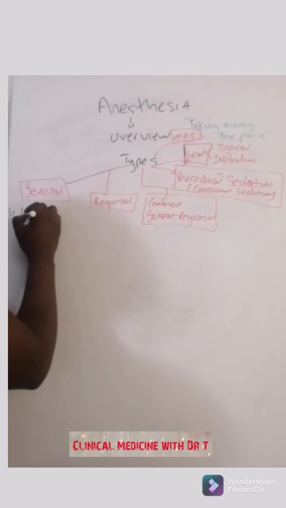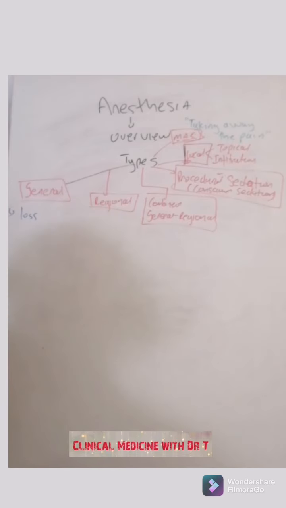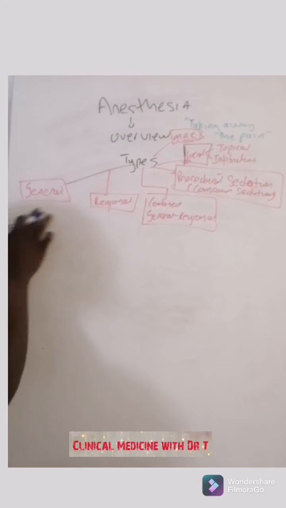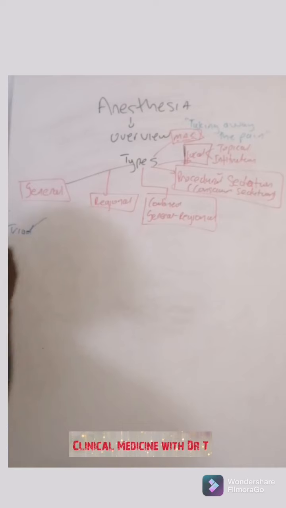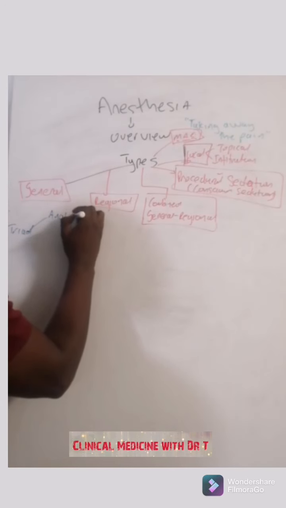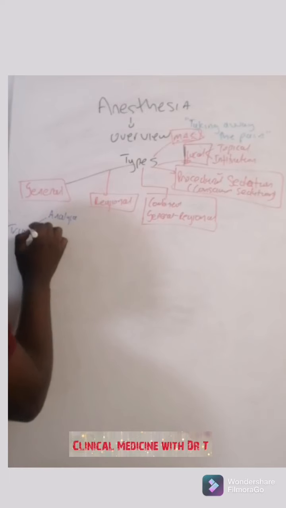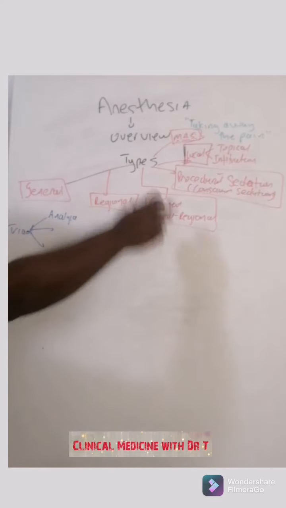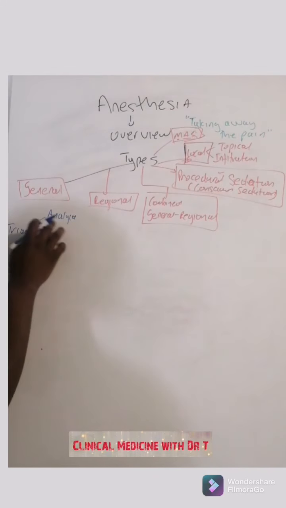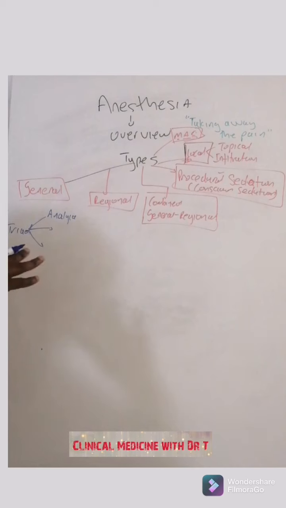is where there is loss of consciousness. Let me put it this way. There's that triad that they talk about. So the components of general anesthesia: whatever technique you employ on a patient should be able to give you analgesia. That's what you want, to take away the pain.